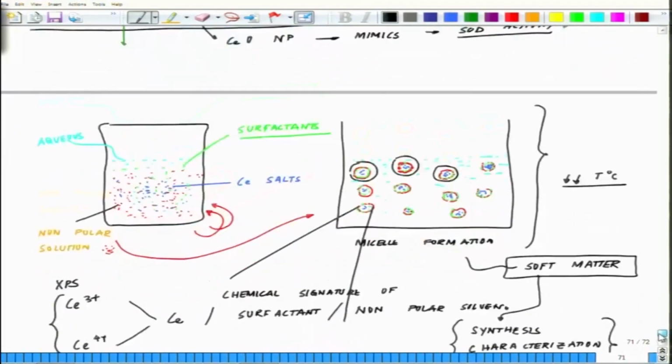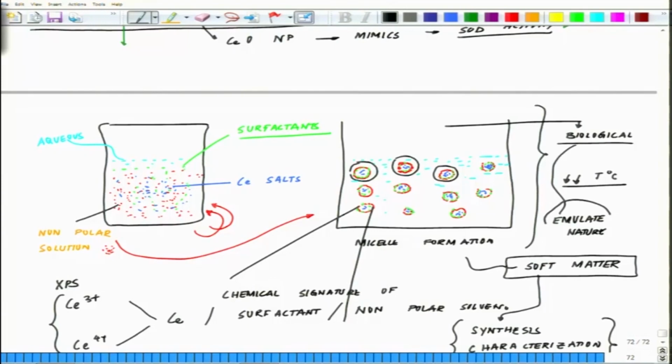Now, that is the reason why I was telling you early on that synthesis is now moving more towards biological synthesis, or in other words, we are now trying to emulate nature, how nature does things in small nanoreactors.